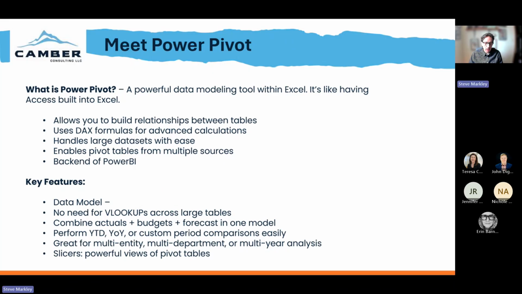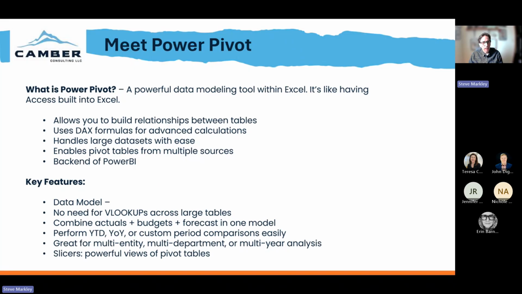Okay, this is the example, the demo that I'll show later, of combining actuals, budgets, and forecasts into one model from separate files. It's much easier to build year-to-date or periodic views of the data. So let's say you want to do a year-to-date analysis compared to budget, but then maybe you want to do a trailing 12-month budget analysis.